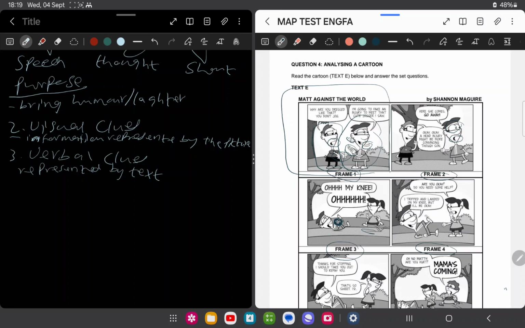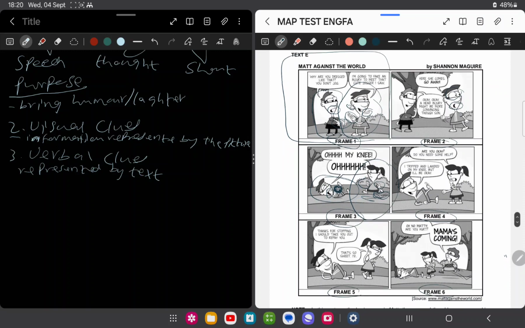I can say he is lying down. I'm talking about the boy. His mouth is wide open. Then the girl, these lines mean that she is running. One hand is leaned forward, and the other hand is leaned backward. Then frame number 4, maybe we can stop here and go to verbal clues.